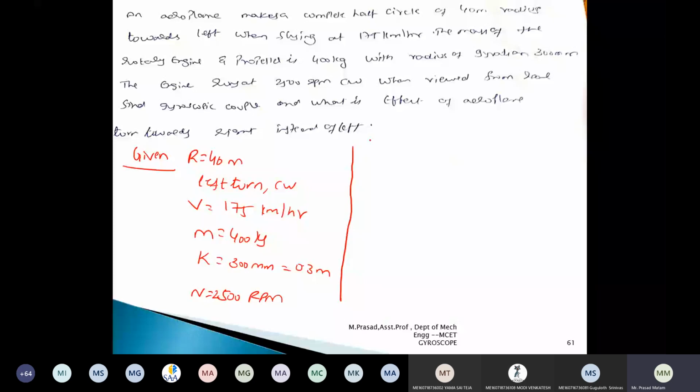Let us find the gyroscopic couple C is equal to I omega S omega P. Find the I value: m into k square. Mass is given as 400 kg, radius of gyration is 0.3 square. 400 into 0.3 square is 36 kg meter square.